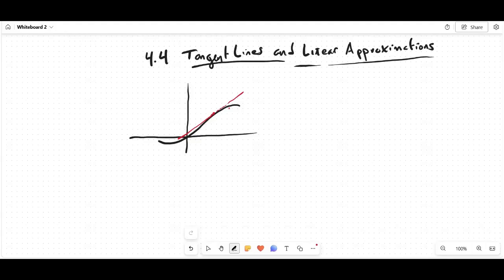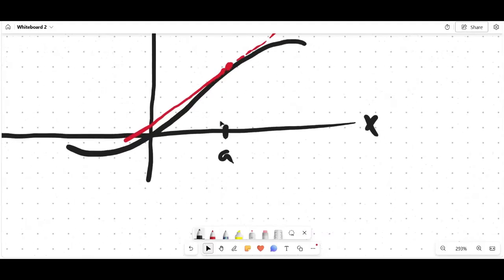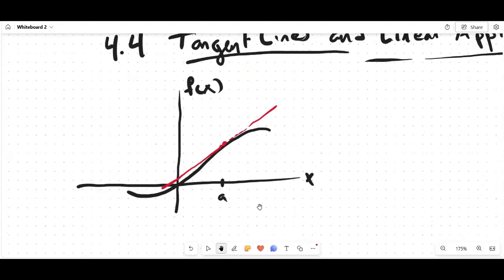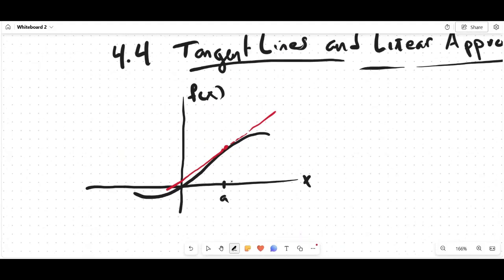Let's say you know very little about this black function, but you call it f, and maybe you are interested in the value of f at some point, and let's say that point is right here.